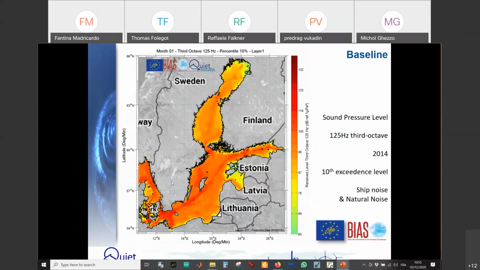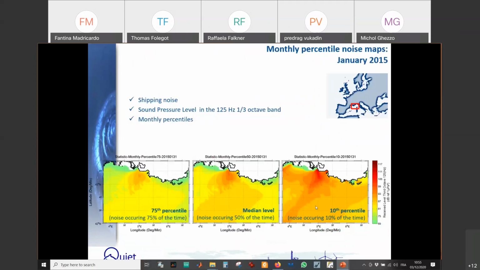So 10% of the time you have higher levels, and you can see here the signature of the concentration of the ship traffic that travels here mainly, and then goes into the Fos-sur-Mer or Marseille harbor. You probably have another harbor somewhere here as well. I should have checked, because here you also have a signature of some traffic from there to there.